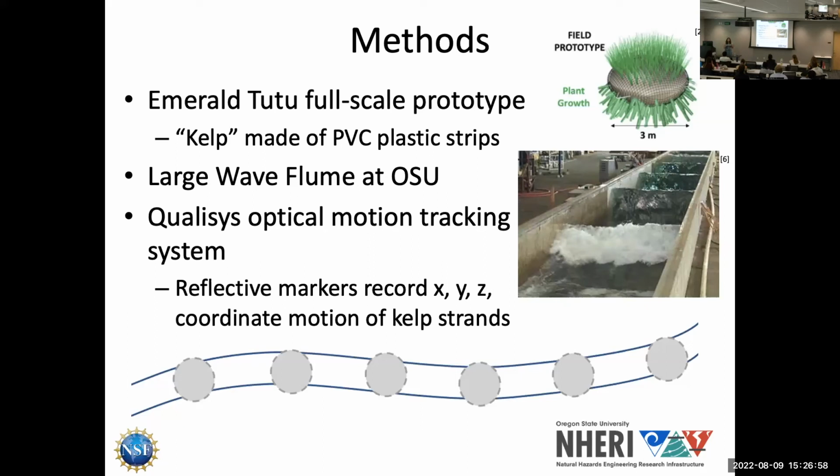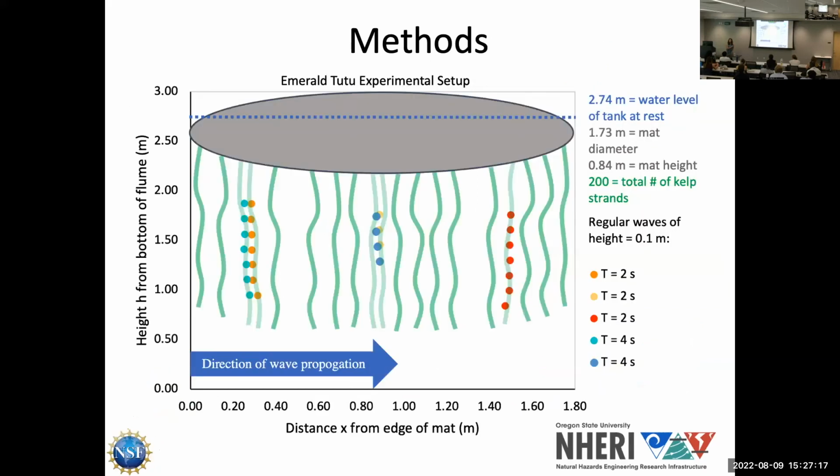In this experiment, we attached markers to 3 strands of kelp, which is the vegetation underneath the mat, amongst many other strands. We tracked 3, and that's the data that I based my analysis on.